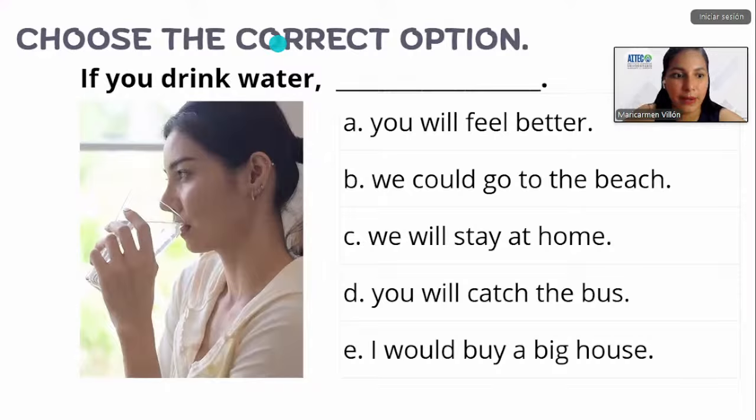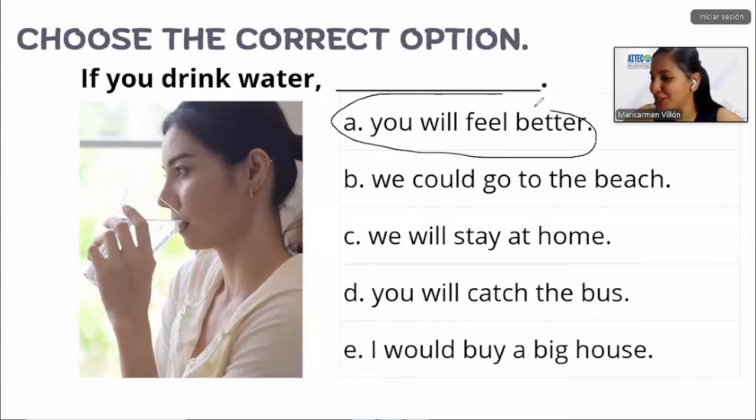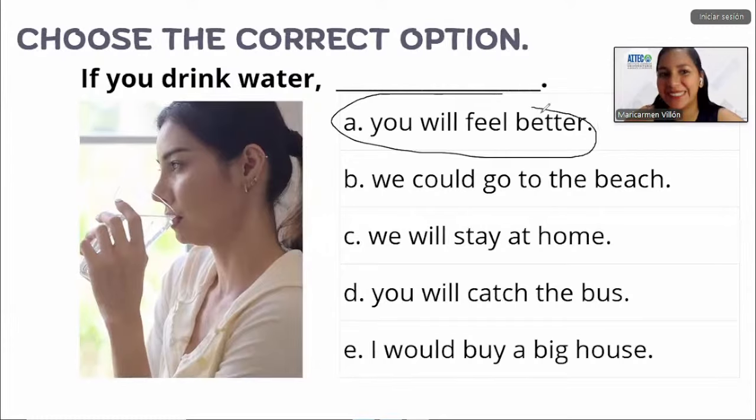Think about it. Very good. If you drink water, you will feel better. First conditional. Excellent.